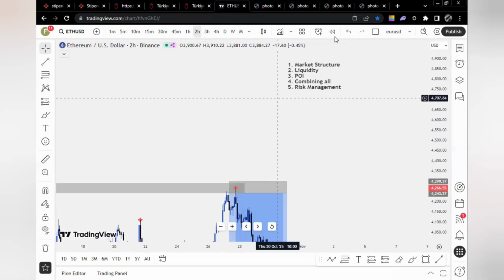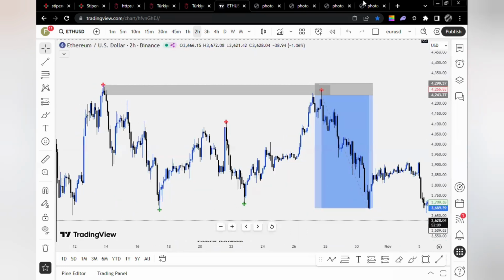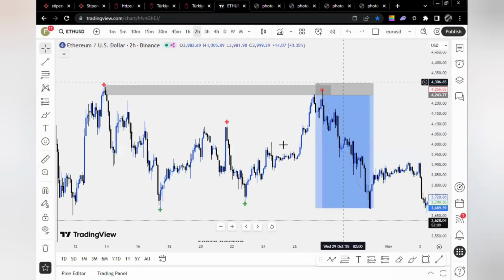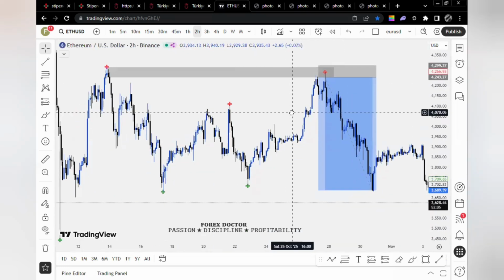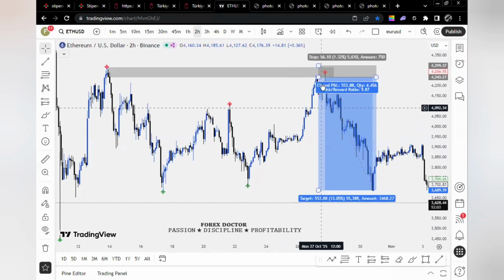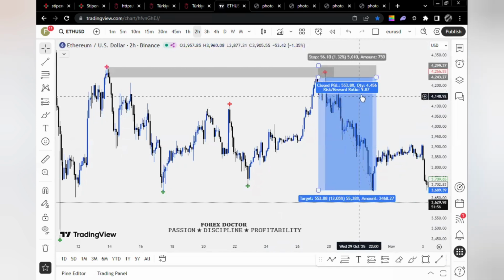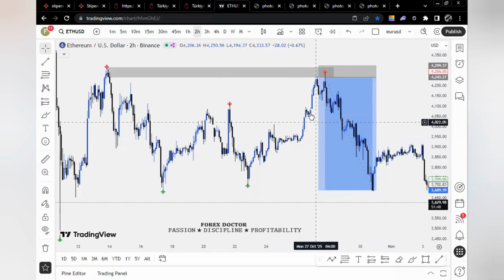And day five, I'm going to be teaching you risk management. So you're going to be putting everything together to get a trade like this. This beautiful trade here is a trade in which if you had risked over $10, you would have made at least $98, around $98.7, if not even $100, in profits.